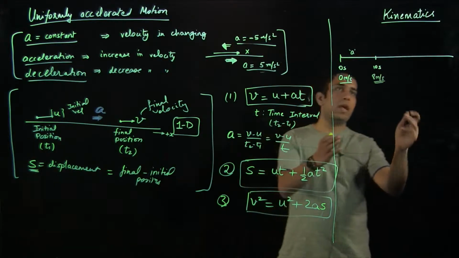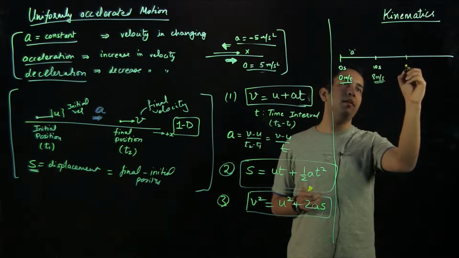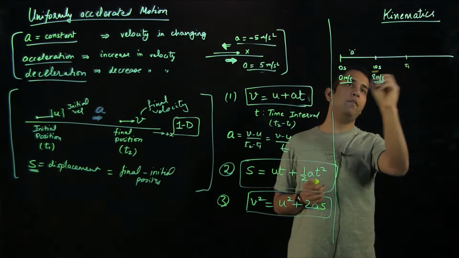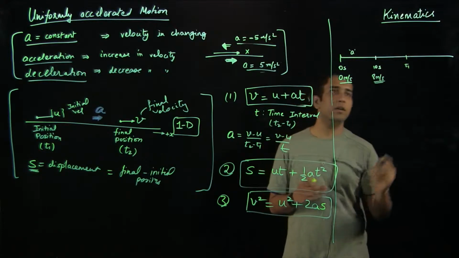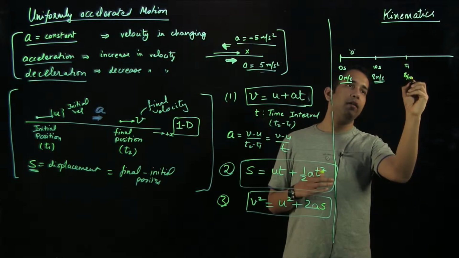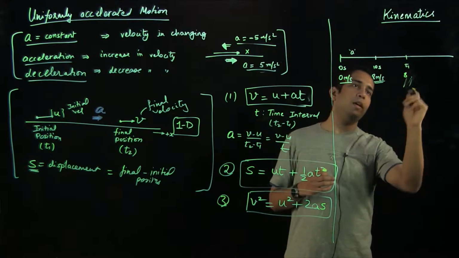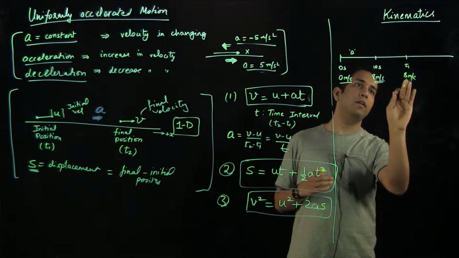Then for some time period, let's say till time t1, it does not accelerate or decelerate, so the velocity is constant. Still the velocity is 8 meter per second.